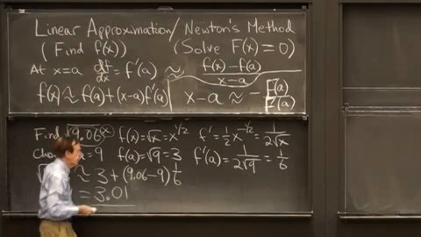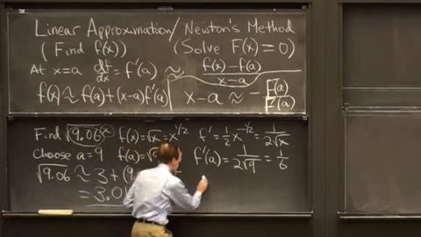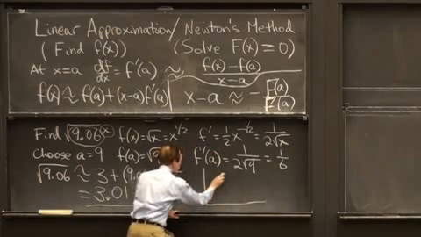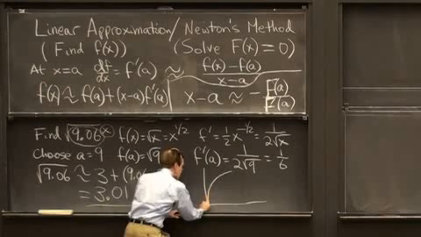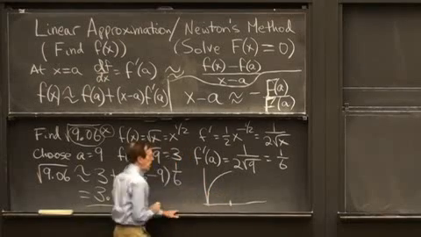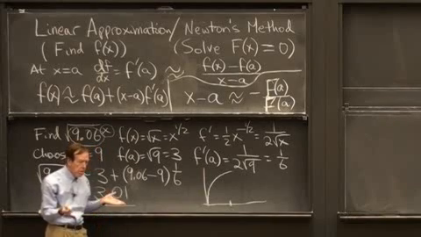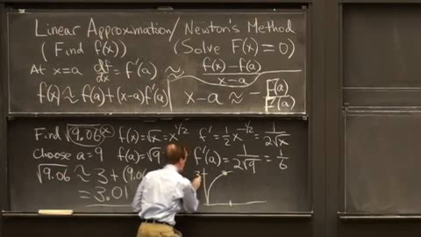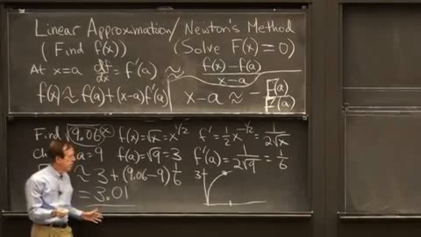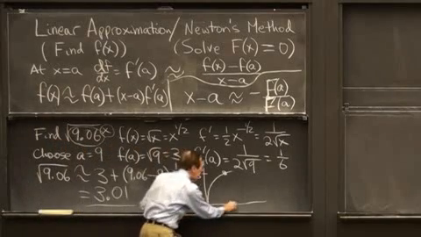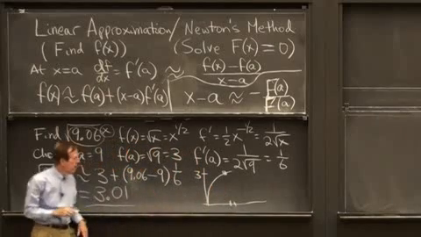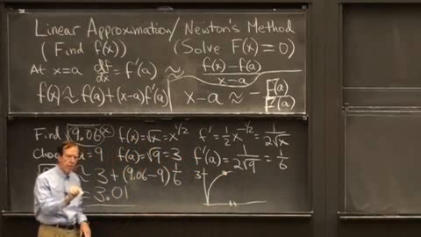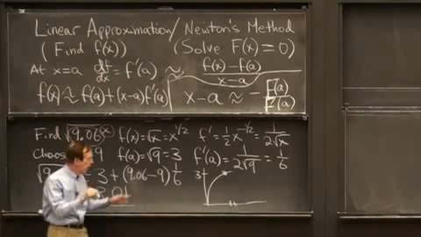Let me draw a graph to show you what I mean by following the line. Here's my square root function. The square root looks something like that. And here's the point x equal 9, where I know that the height is 3. What else do I know? Here is 9.06, a little further over, and I'm looking for that point. I'm looking for the square root of 9.06.